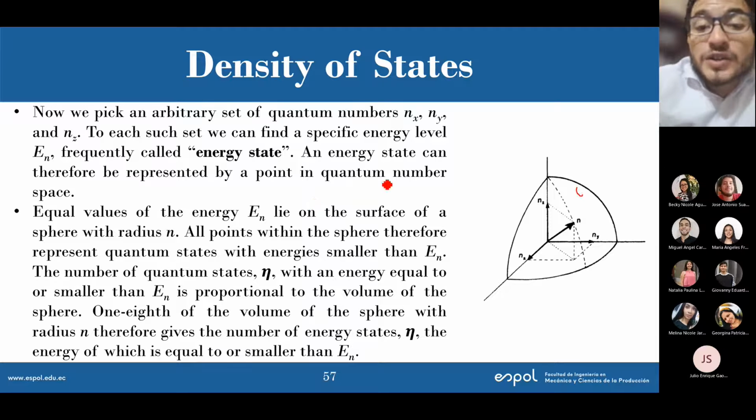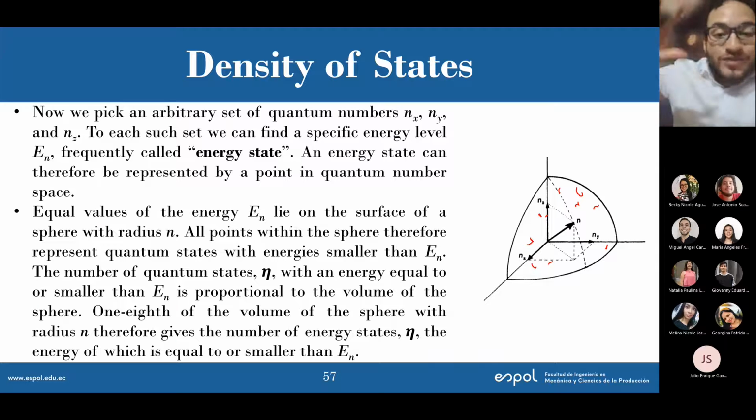If I get the energy here, or the energy here, or the energy there, all these values of energy are equal because they're all lying on the same surface of this sphere of radius n. And this radius is basically the representation of the quantum numbers that are representing an energy state. Therefore, all the values that are lying on the surface of that sphere have the same energy.